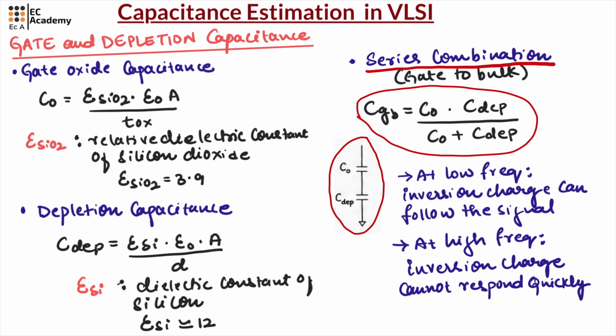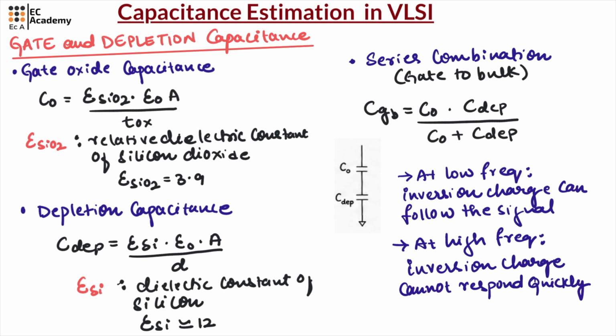Again, you can remember here, at low frequency the inversion charge can follow the signal, which means it can have the same capacitance, and at high frequency the inversion charge cannot respond quickly, which means it will have low capacitance.